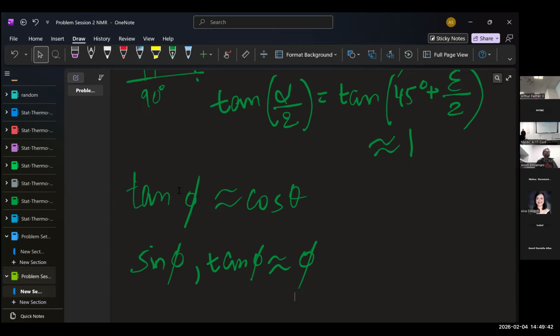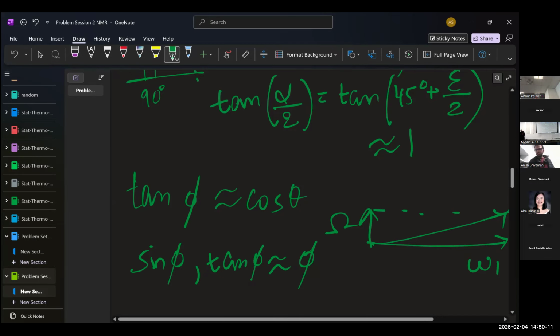Well, what do we think about theta when we have a near on resonance pulse? Right, it just means that the offset is quite small. So if you think about our effective field again, kind of like that, the capital omega is much smaller than omega 1. In this case, the hypotenuse of the triangle can be approximated as small omega 1.